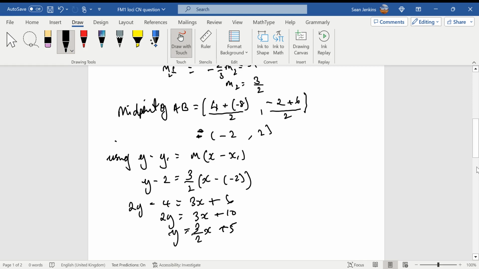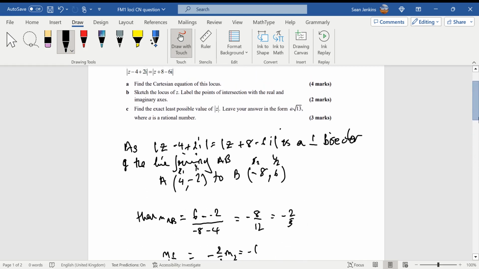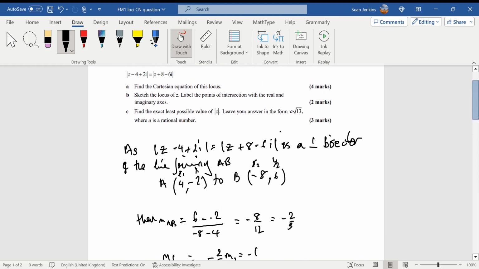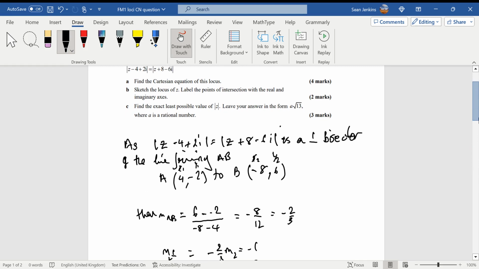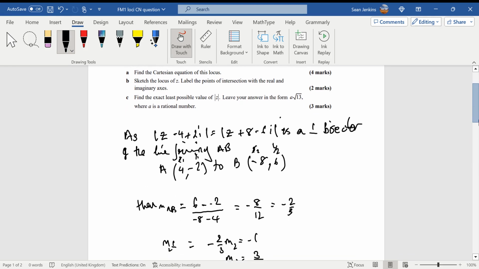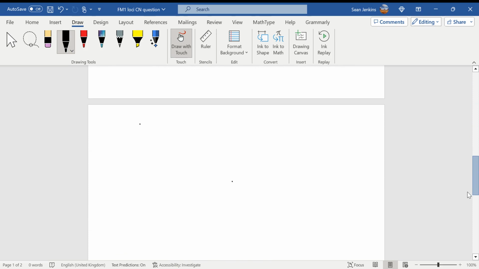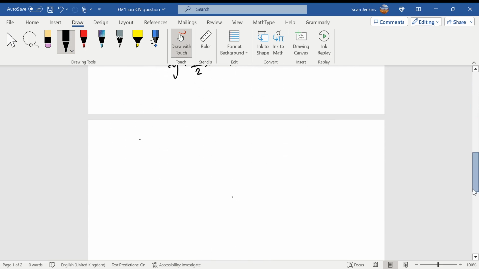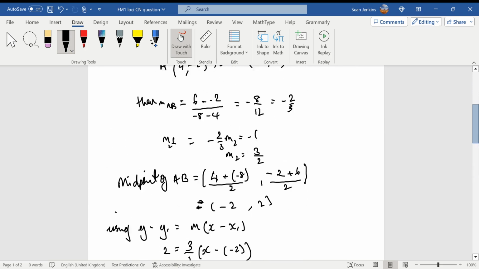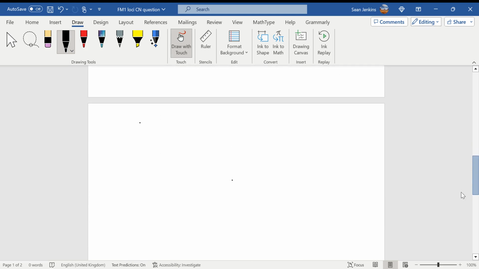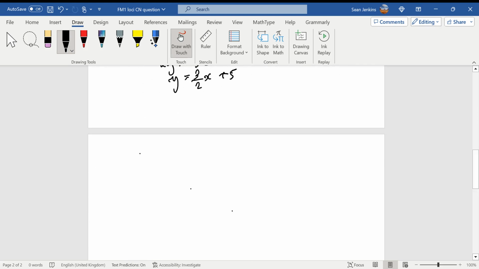Okay, part B. Sketch the locus of z, label the points of intersection with the real and the imaginary axis. Well, we know the intersection will be at minus 2 and 2, because that's the midpoint. But let's have a look at this sketch.